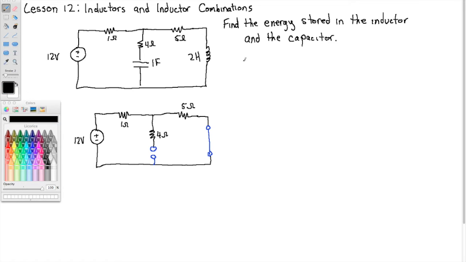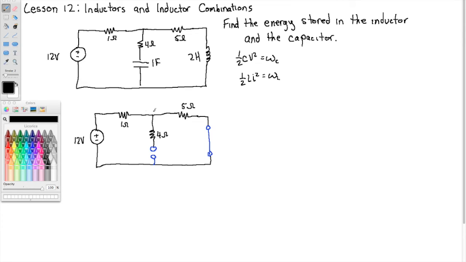Now, I'll remind you that the energy in the capacitor was 1/2 CV squared. Okay? And the energy in the inductor was 1/2 L I squared. Put an L there for inductor.